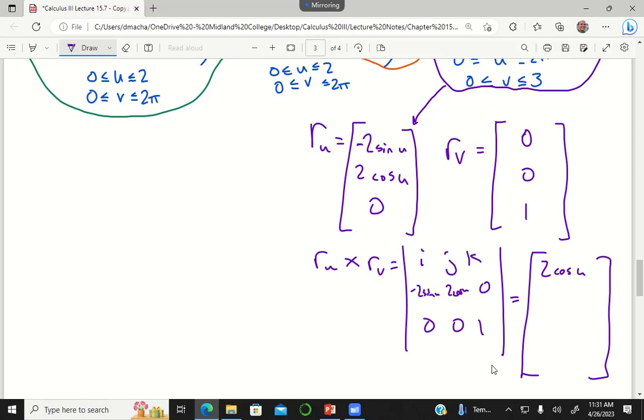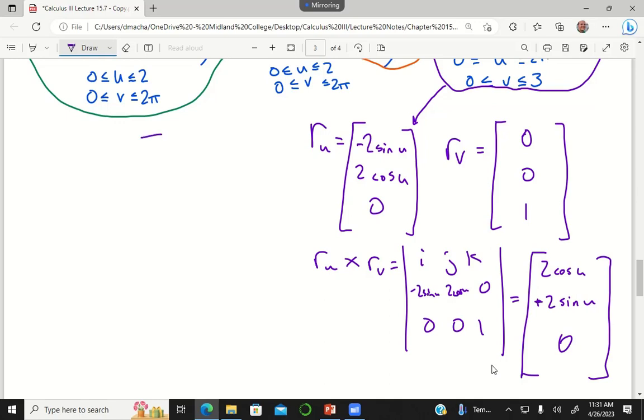The second entry is going to be negative 2 sine u. No, positive. Yeah, I forgot the minus j, right? I should just, no, I shouldn't, because that's just how the determinant works. And then the last entry has got to be 0 for that cross product.